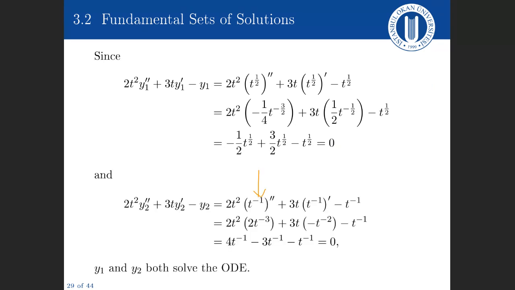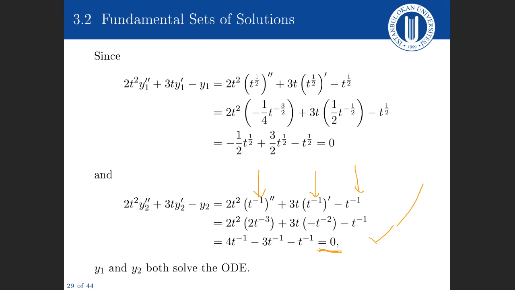Now we put t to the power minus 1 into the differential equation, and we check to see, do we get equal to 0? The answer is yes. You can check that after everything is simplified, we get equal to 0. So yes, y2 equal to t to the power minus 1 does solve the differential equation. That's the first two things done.